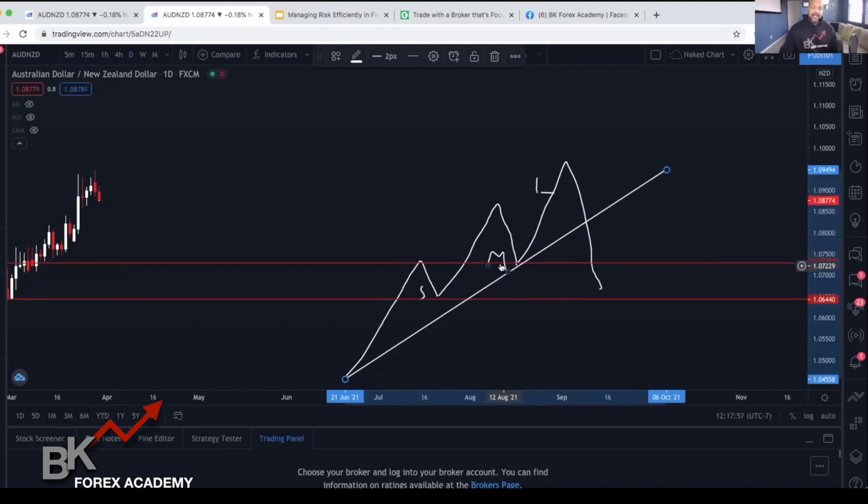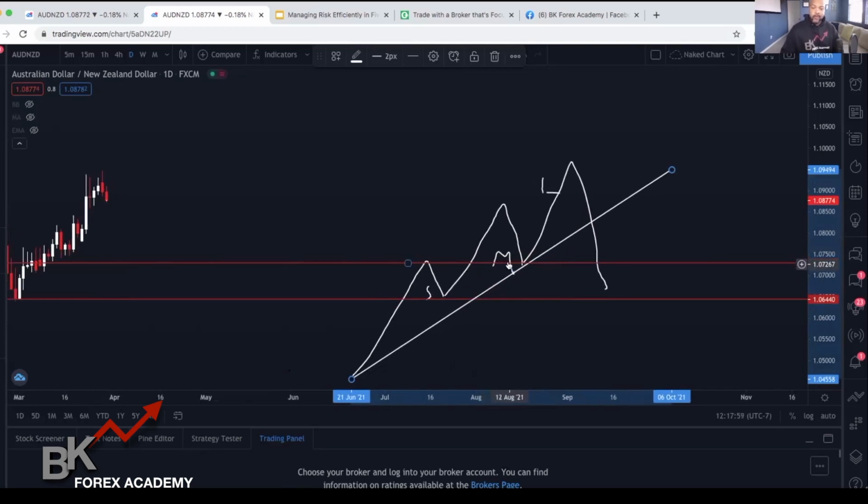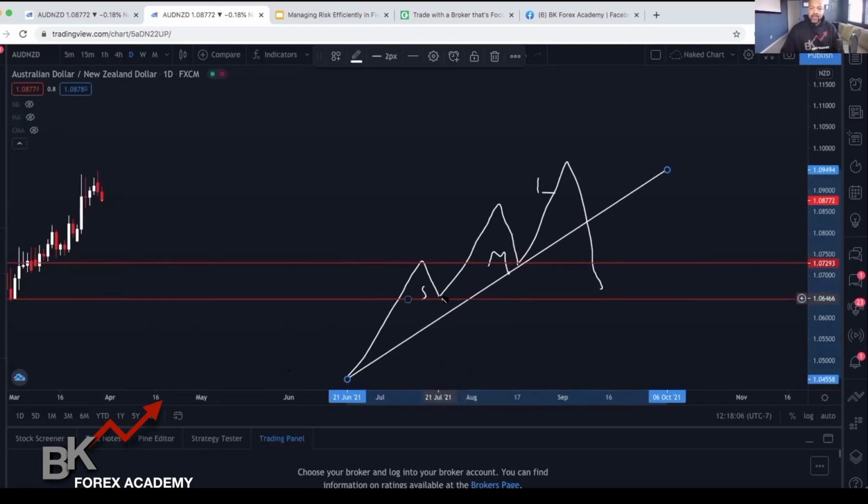What makes it a medium pullback is that it retraces anywhere between 50 to 70%. It doesn't quite go back down to the initial support here, but it ends above previous resistance. Now it's a new support.